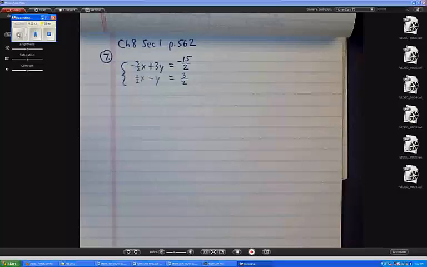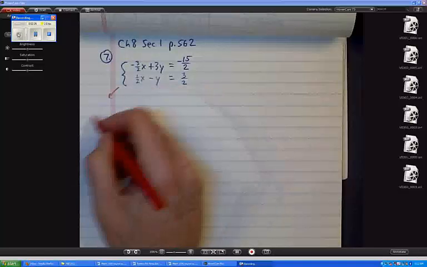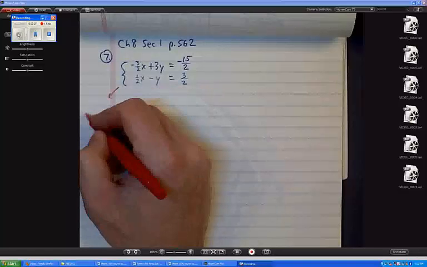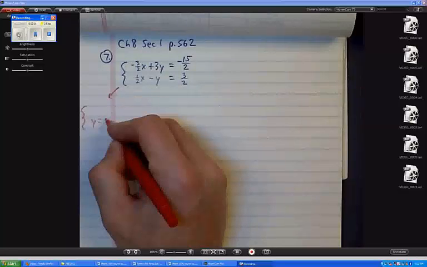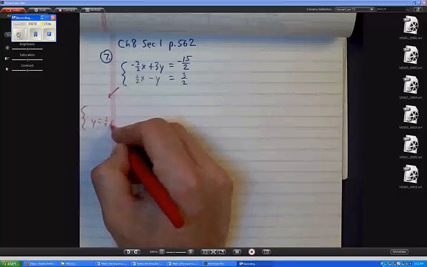Matt? Awesome. So you did, for example, the bottom equation was y equals 1 half x minus 3 halves, right?